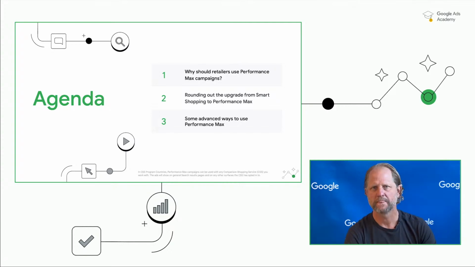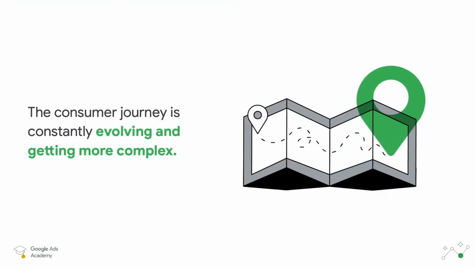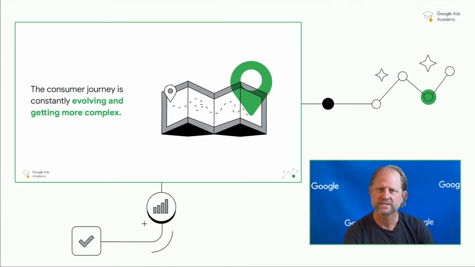With that, to set the stage, I'll cover a quick overview of the current situation. As a starting point, it's obvious the consumer journey is constantly evolving and getting even more complex. With new ways to discover, research, and purchase, customers are engaging across an ever-growing number of channels.